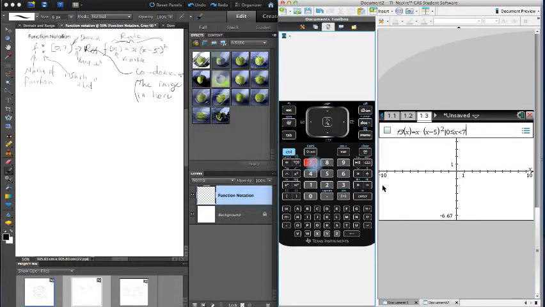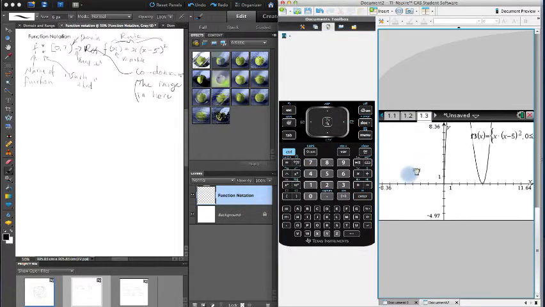So what we've typed in is the function of x equals x times (x minus 5) squared, given that x is greater than or equal to 0 and smaller than 7. So press enter, and this is what we have.